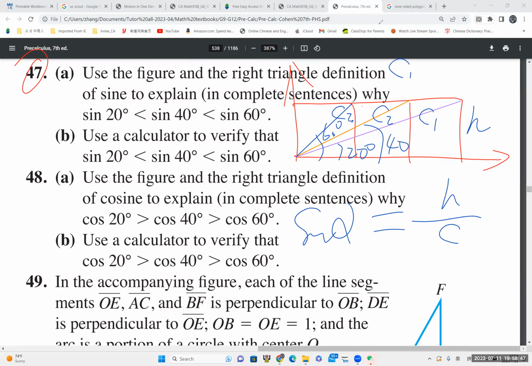So of course we have c1 bigger than c2, bigger than c3. h is the same. So the larger the c, the smaller the sine value, right? Are you guys okay with it? Okay. Thanks.